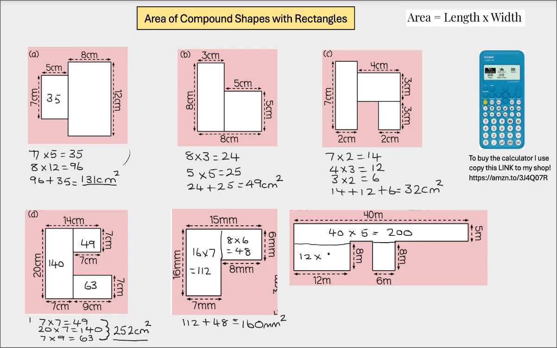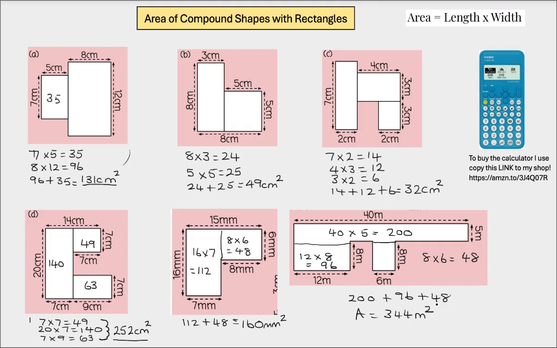It doesn't matter which way you want to say it. 96. And then we've got 8 times 6, which equals 48. And then we just add it all together to find the total area. So that's 200 plus 96 plus 48. So the area equals 344 metres squared.